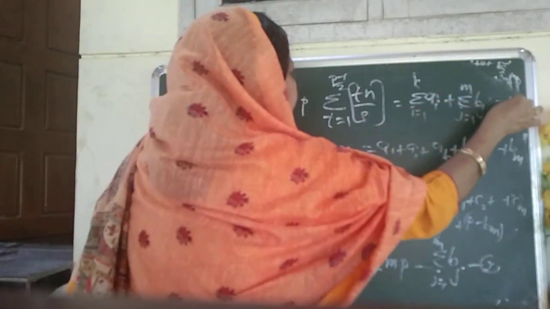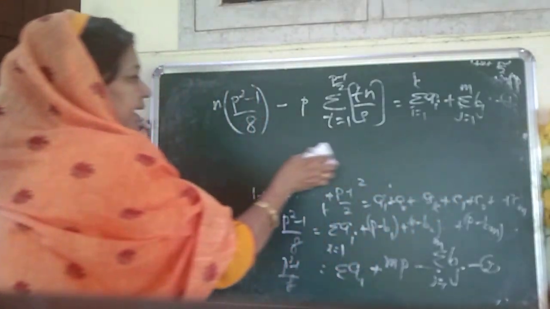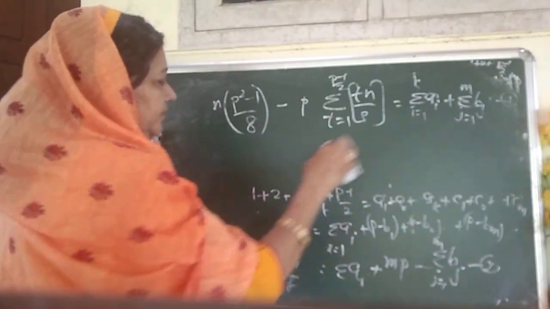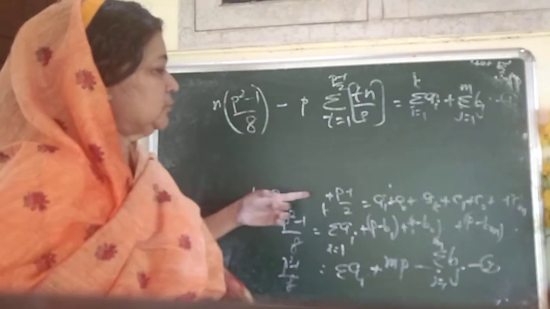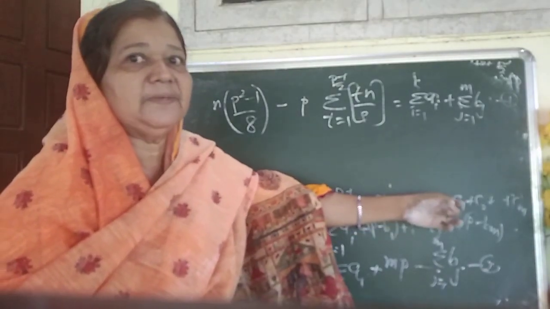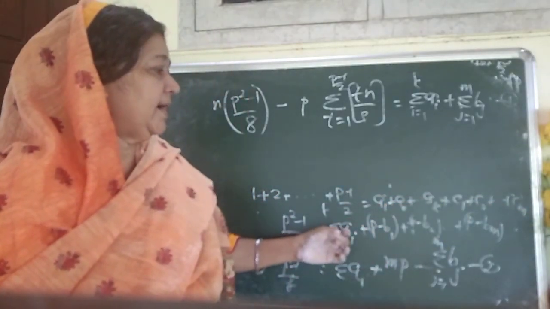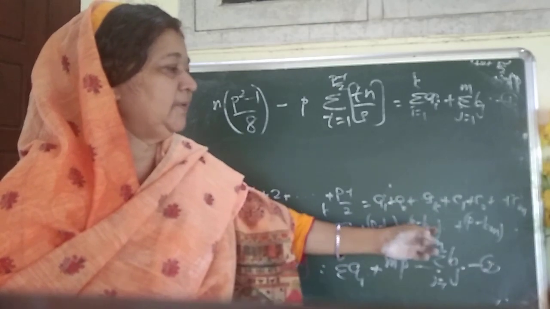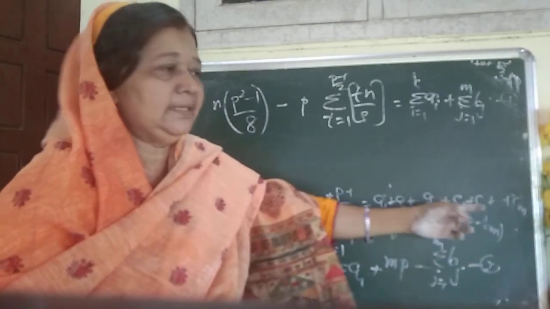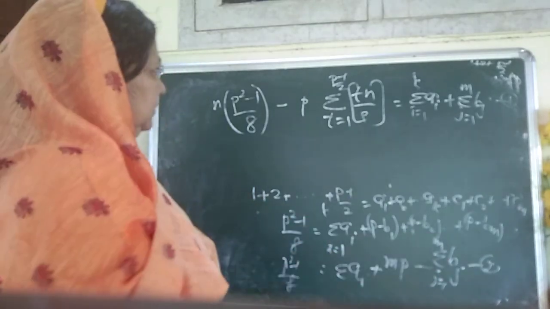Adding 1 and 2 we have 1 plus 2 plus etc. plus (p minus 1)/2 equal to a1 plus a2 plus etc. plus ak plus c1 plus c2 plus etc. plus cm. That is sigma a_i plus c1 is p minus b1, p minus b2, etc., p minus bm. That is m into p minus sigma b.